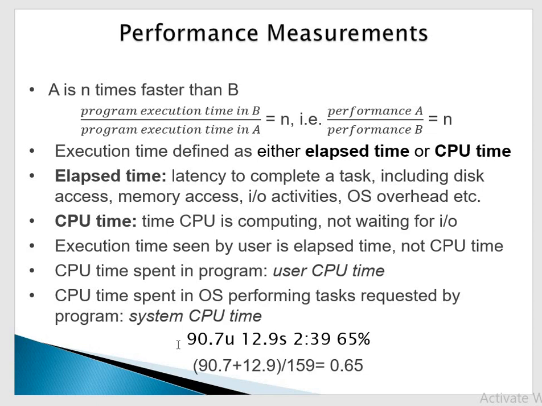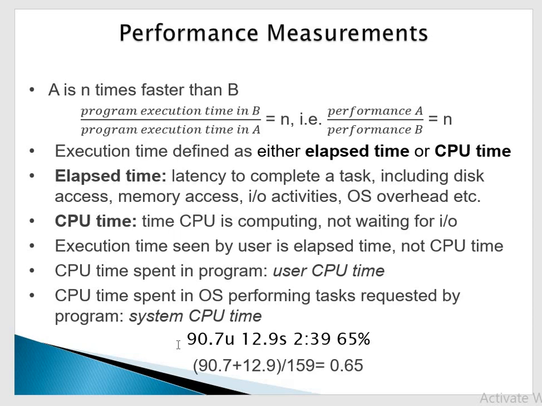The total time taken by the computer to complete the task was 2 minutes and 39 seconds, or 159 seconds, out of which the CPU has taken only 103.6 seconds, which is 65% of the total time taken by the computer.